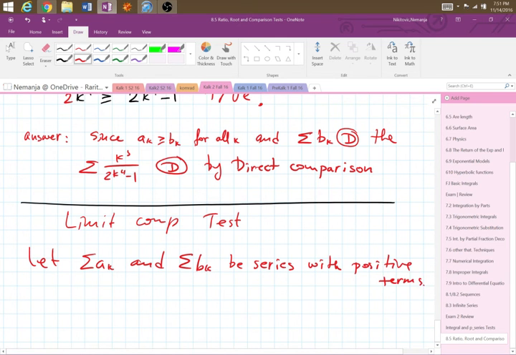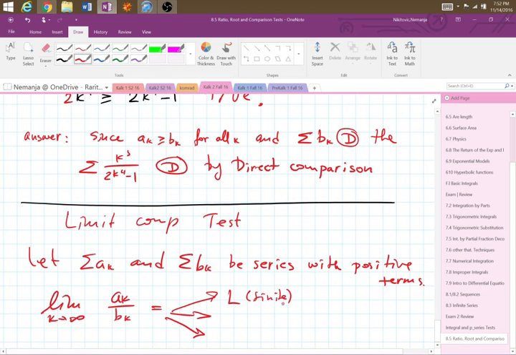So all the numbers are positive, and we are considering the limit as k goes to infinity of AK over BK, which we have three cases. So the limit is finite. Pick any number, 0 to infinity, any finite number.